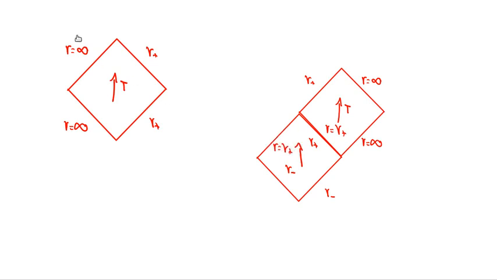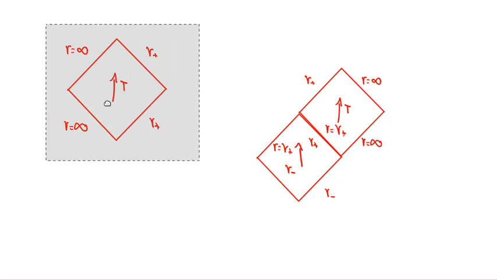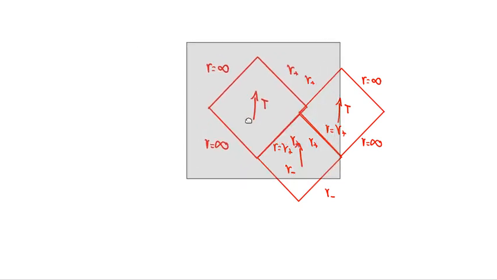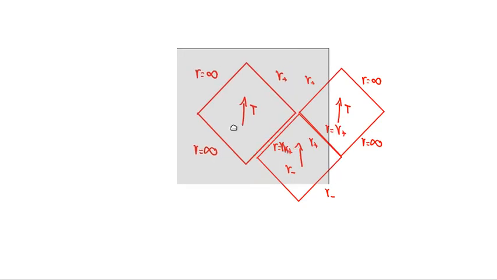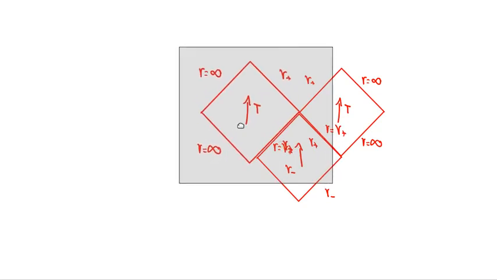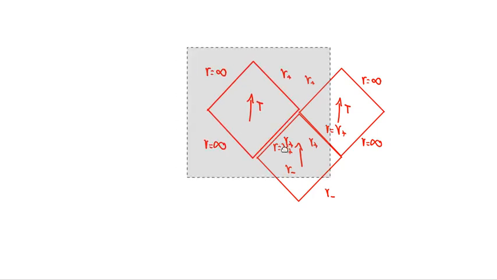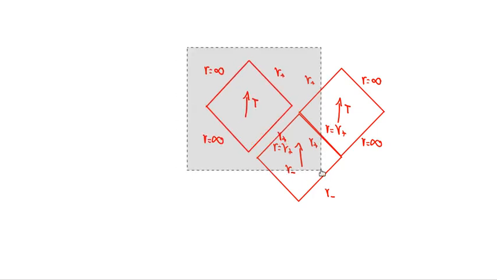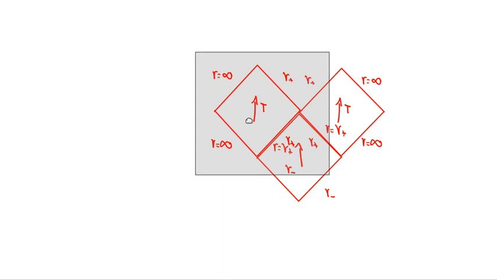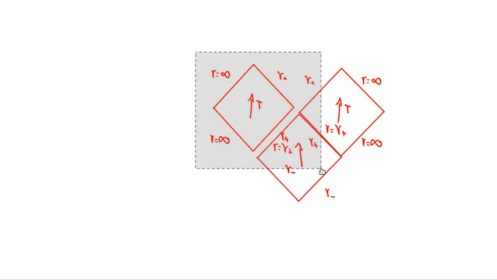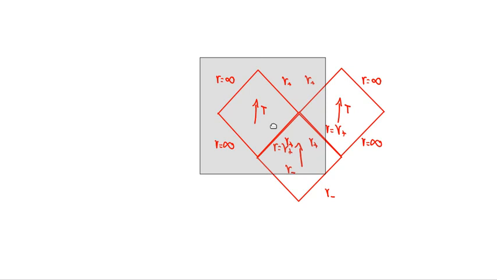Okay, so we can just join along this side. Well, but I have to scale a bit first. Okay, some bit more of scaling. Okay, and then we have now this.